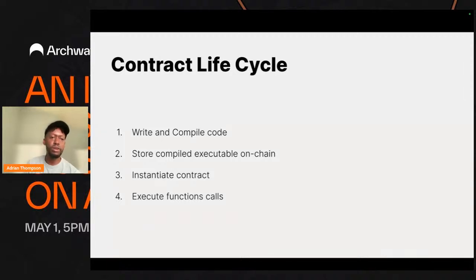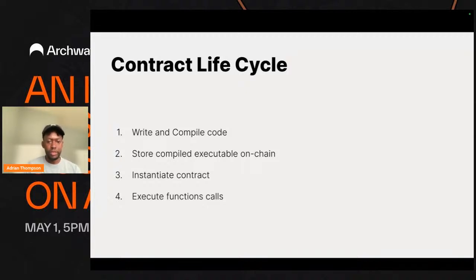All right, so the typical contract lifecycle includes writing your code, building and compiling your code, then storing that compiled version of your code on chain. And once you store your WASM file or executable on chain, you need to instantiate a version of that contract, which will include the contract address.